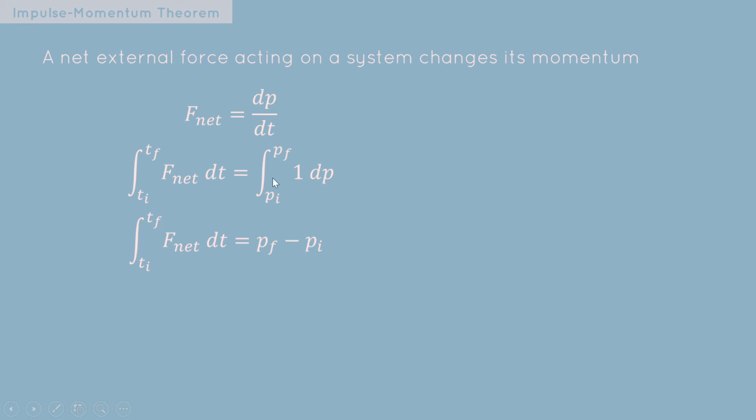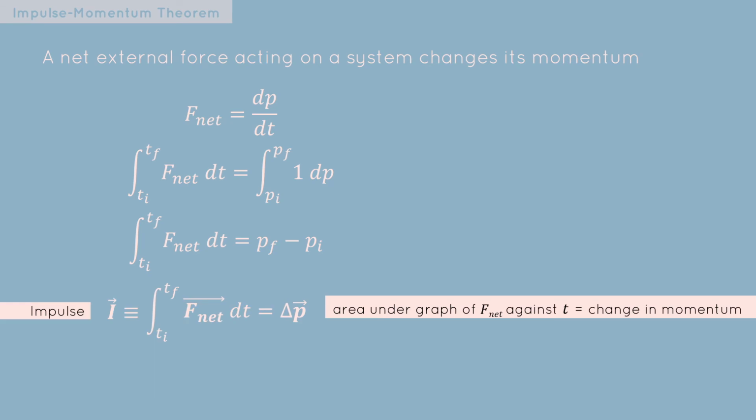Then if you integrate 1, it's just p, and you get pf minus pi. The left hand side stays the same. Final momentum minus initial momentum is the change in momentum. This expression is defined as impulse.